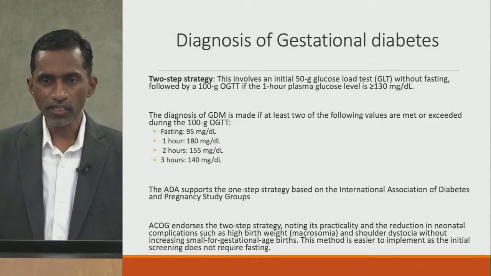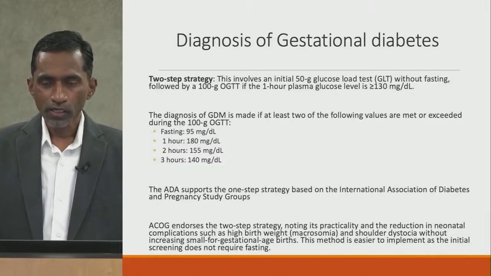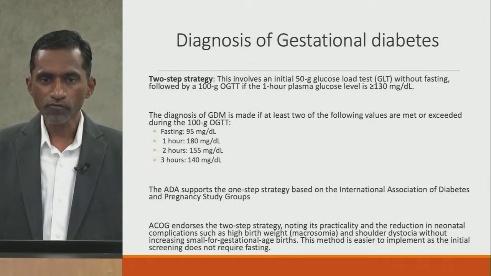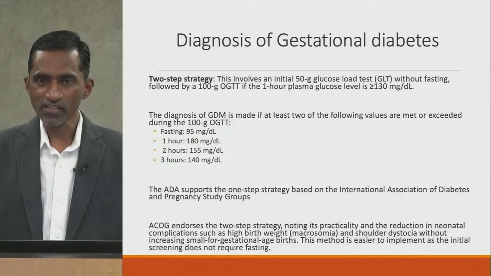You have difficulty in delivering the shoulder, so that's why it's called shoulder dystocia. And with respect to the two-step strategy, it also accounts that the small for gestational age births are fewer. So this method is easier to implement as the initial screening test does not require fasting.